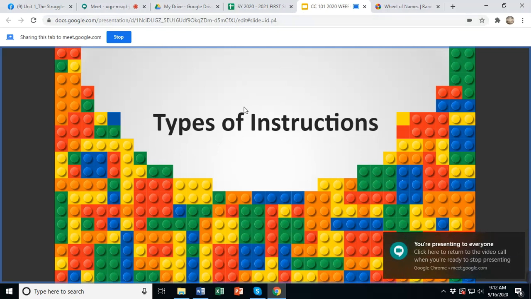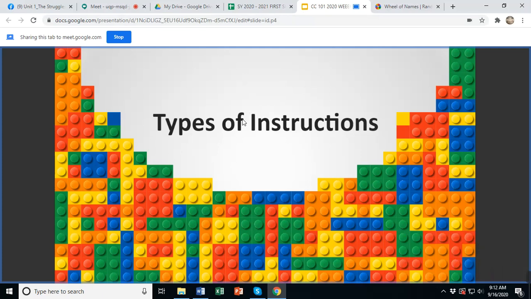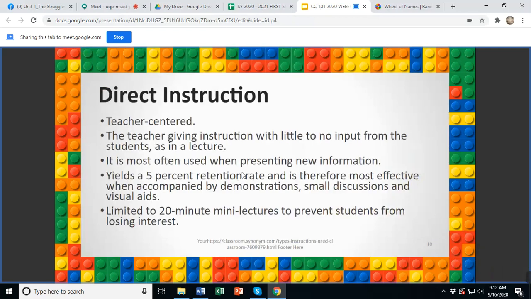So, let's now try to understand what the types of instruction are. First, direct instruction. This is teacher-oriented. So when the teacher is always giving lectures and the students are just sitting, that's direct instruction.